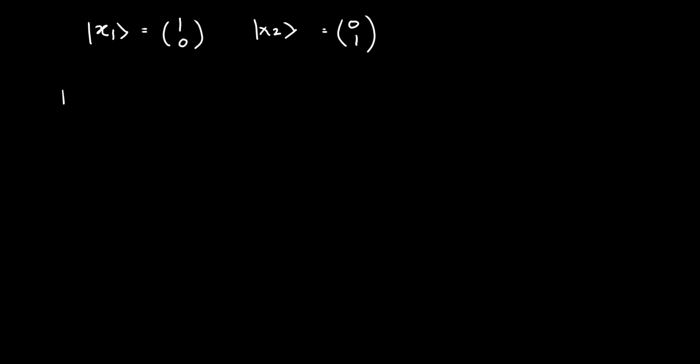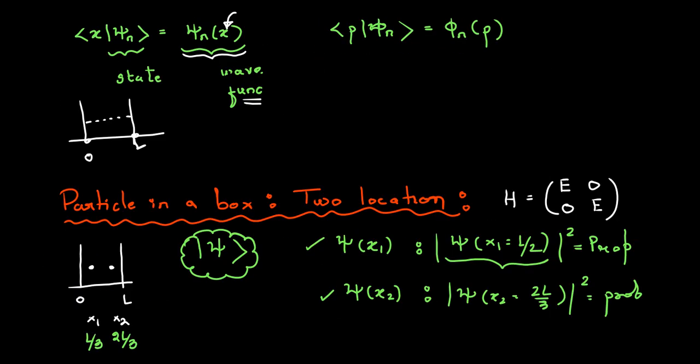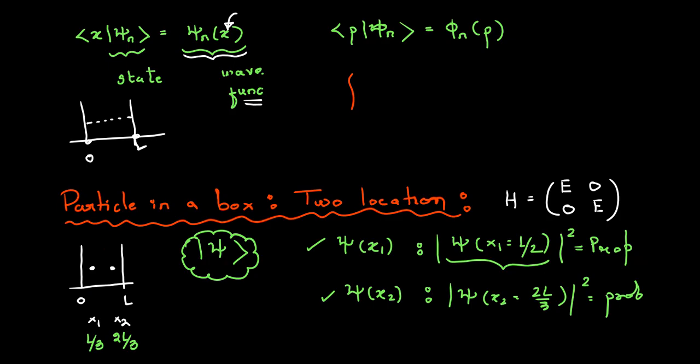So how about we go back, and I'm going to say something that I left here. Here is something that you must know. Once you represent psi n as a state, then if you want to see how it looks in the position basis, what you basically have is the wave function psi of x.